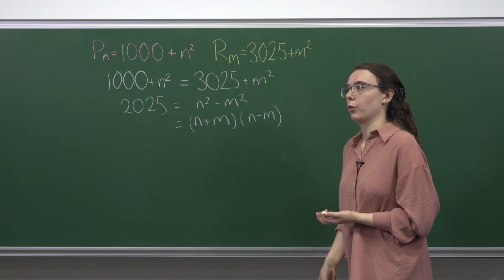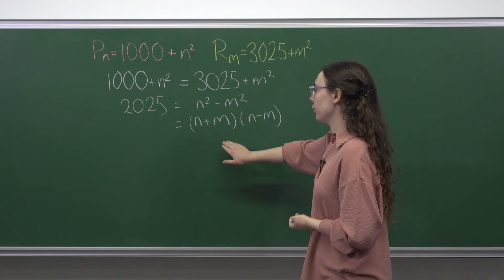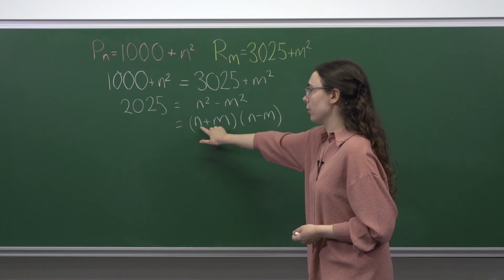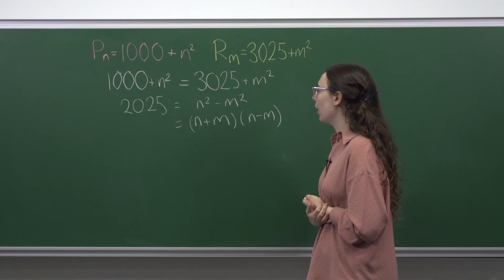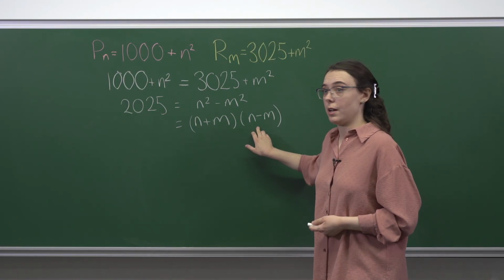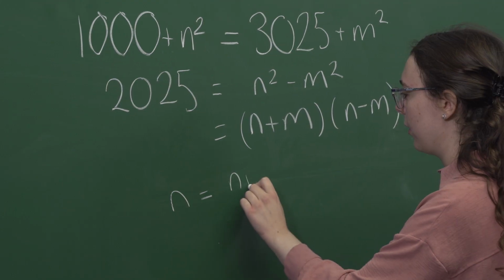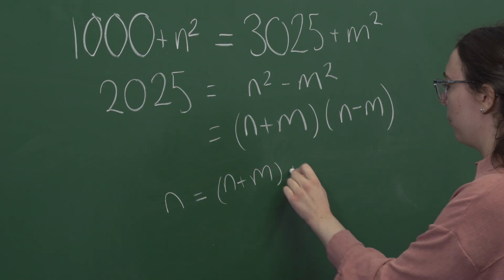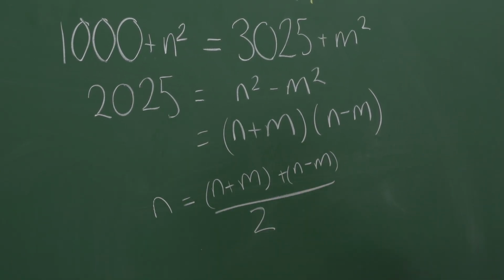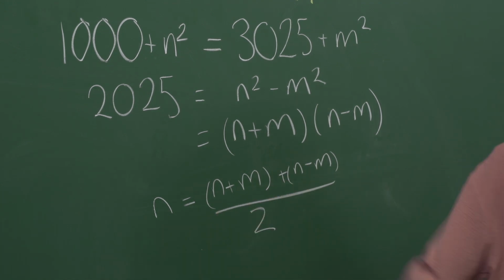And remember, in the first part of the question, we had to be a little bit careful about making sure that, given a solution for the pair n plus m, n minus m, that this corresponded to integers n and m. And really, all that matters here is that these two factors are the same parity, so that when we write n as (n plus m plus n minus m) over 2, as long as these are either both odd or both even, we're going to get an integer for n.